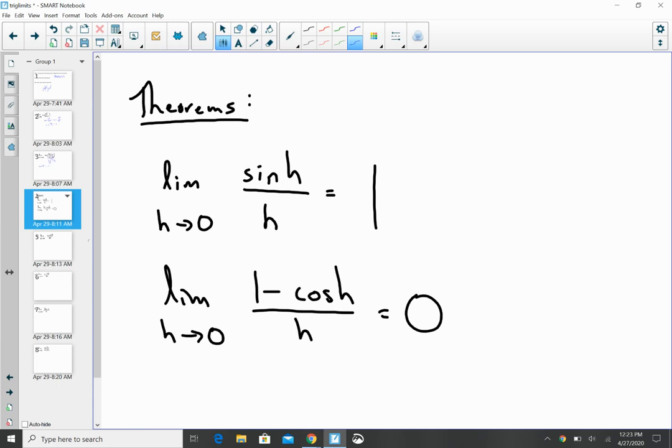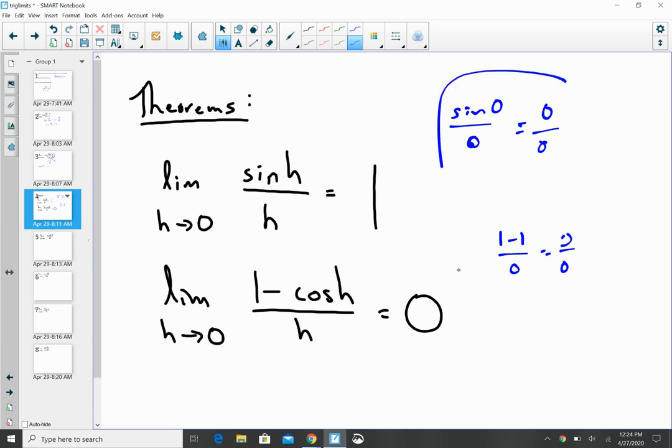Okay, now that we're back, if I try to evaluate this, if I try to plug in that 0, you'd be looking at sine of 0 over 0. And already you can get an idea that's no good because it's 0 over 0. That's one of those indeterminate numbers. And the same thing here. If you try to plug in 0 here, your top becomes 1 minus 1 and your denominator is 0. So again, 0 over 0.